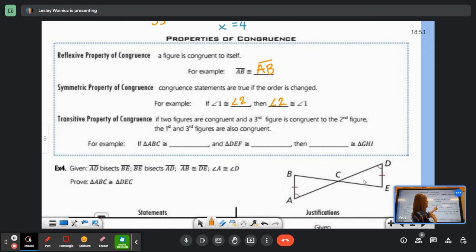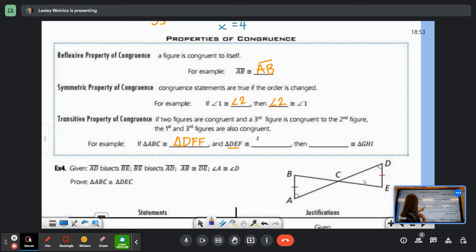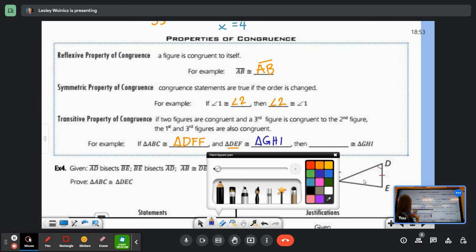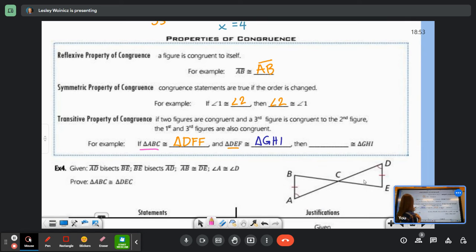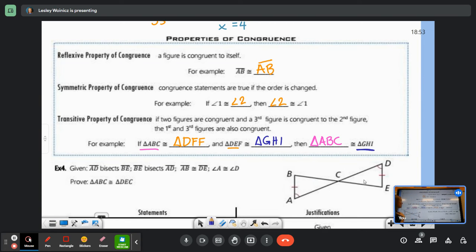Let's say that if triangle ABC is congruent to triangle DEF, and triangle DEF is congruent to triangle GHI, then we know that our first triangle ABC is also congruent to our last triangle, triangle GHI. Easy. They're all congruent to each other.